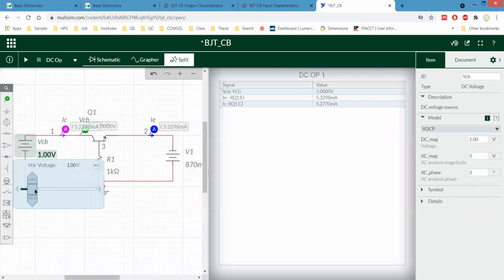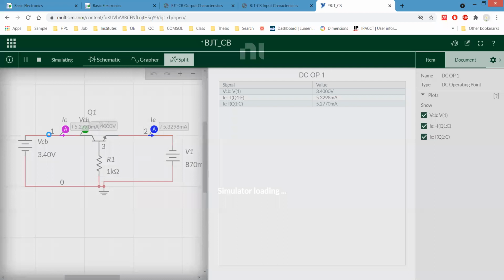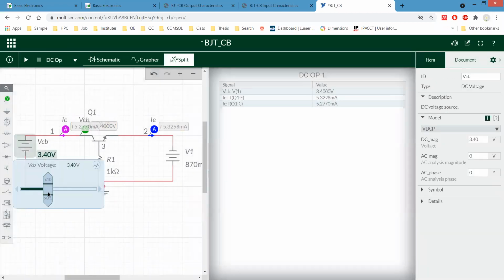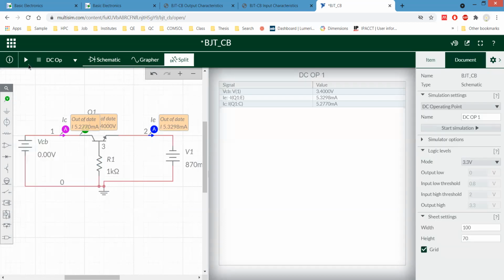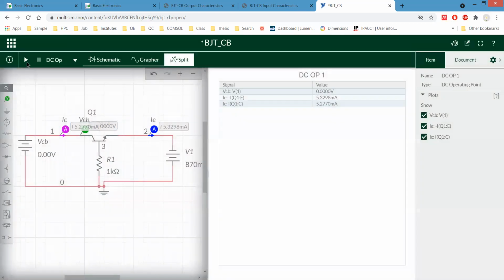Let me check once, then we have to consider all the data for the millivolt region only. Yes, it is saturated. So we have to deal with only the millivolt region. If it is 0 volt, still we are having a current, the same value.